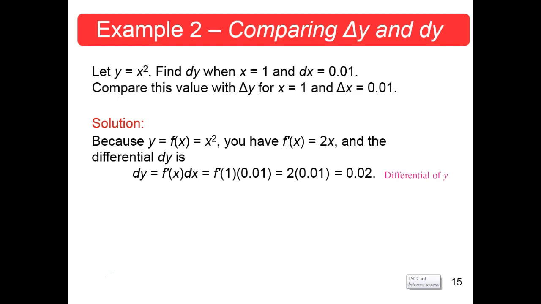The differential then would be dy is equal to f prime dx, which would be f prime at 1, that's your x value, times your dx, which is the same as your delta x, 0.01, and that gives you 0.02, just like we did. Precisely what we did. Okay?